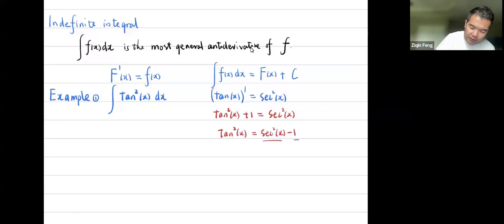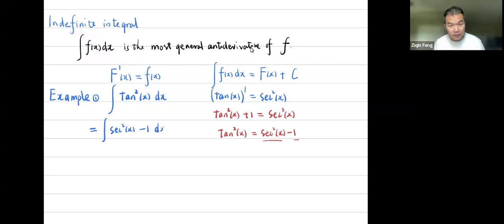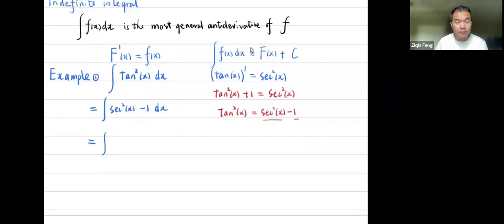So our function is basically equal to the integration of secant square of x minus 1 dx, right? This is the same, by the derivative laws, as the integral of secant square of x dx minus the integral of 1 dx.